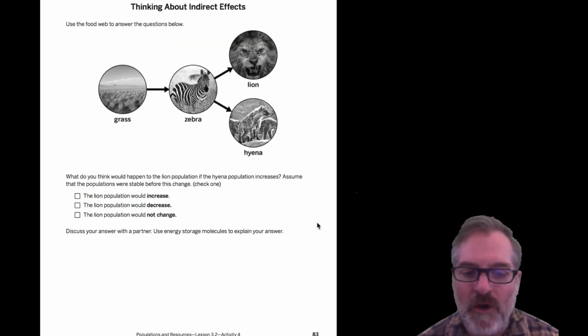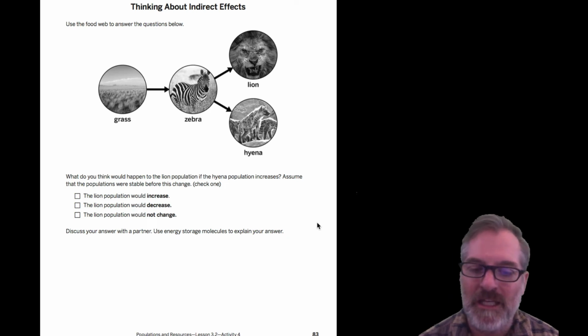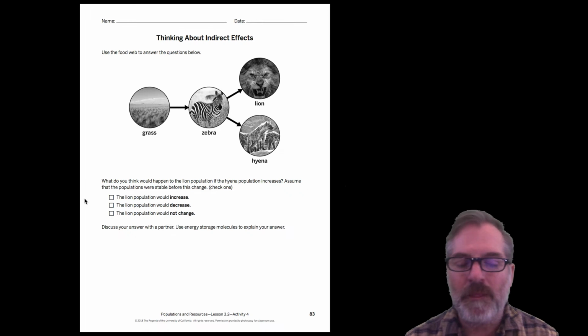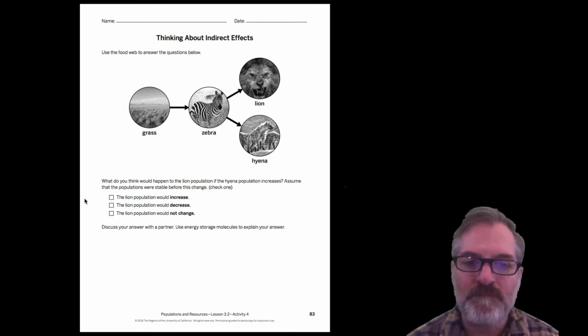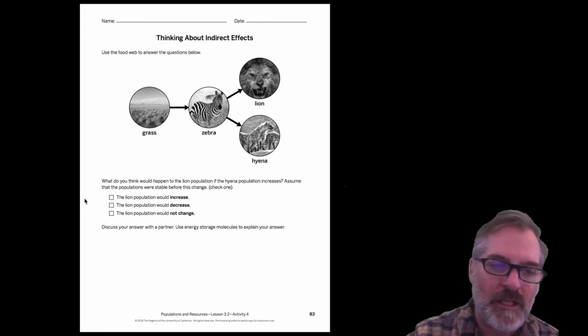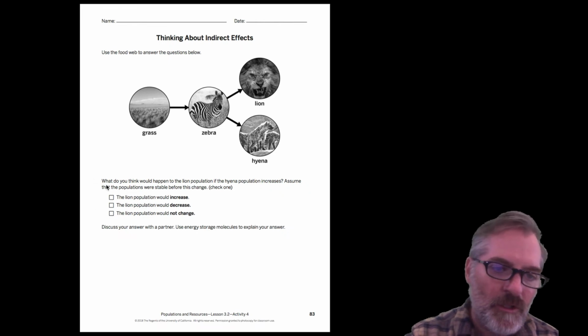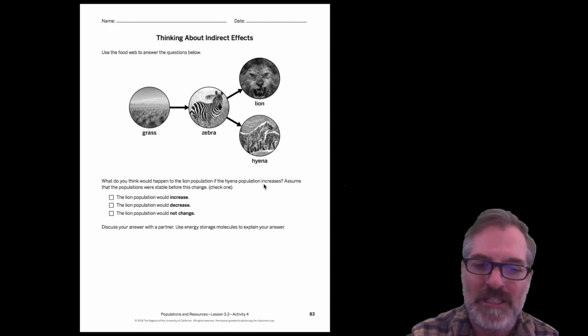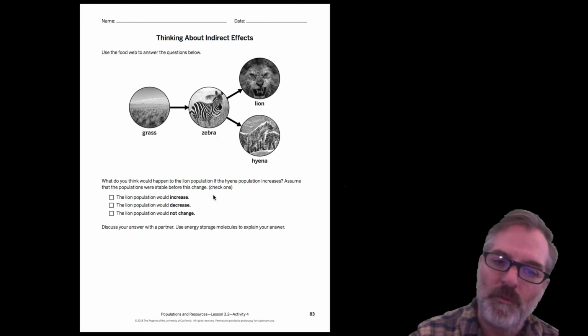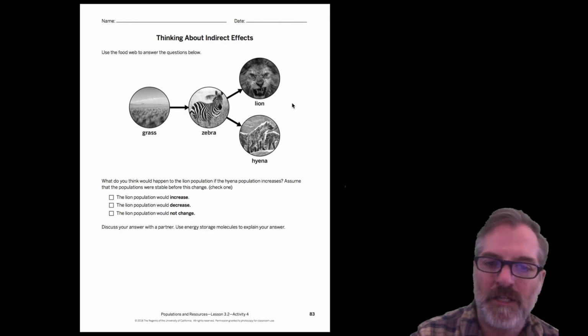Now let's move on over to page 83. Kind of review again here. Alright, we are on page 83, and we're going to be thinking about indirect effects. What do you think would happen to the lion population if the hyena population increases? Assume that the populations are stable before this change. Again, hyena goes up.